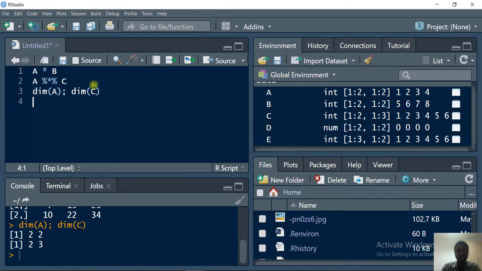So we have a matrix where the resulting product between the two of them is 2 by 3. So the crossprod we started last time is quite different.